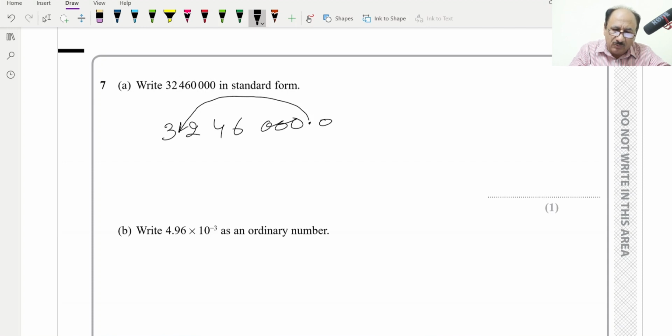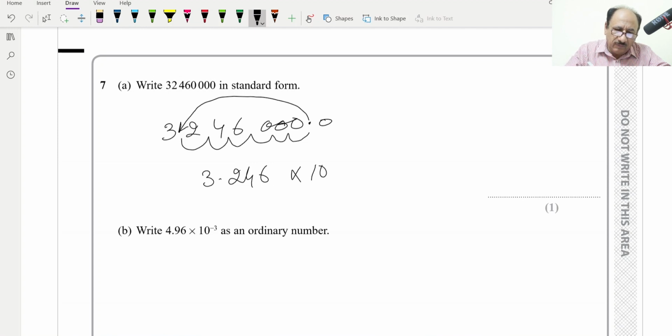So we will check how many jumps we have to take to reach the proper location. 1 2 3 4 5 and 6 jumps. So we can write 3.246 times 10 raised to the power 1 2 3 4 5.